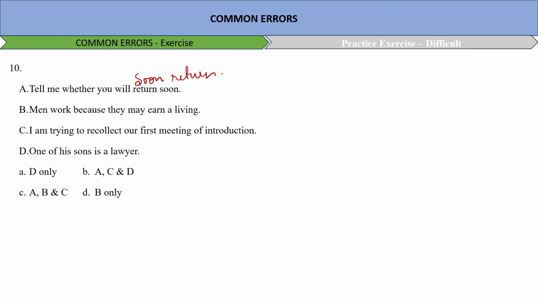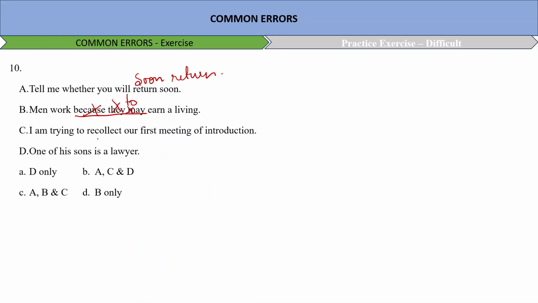In sentence B, you see men work because they may earn a living. Men work to, because they may, this whole thing is not appropriate. Men work to earn a living. As simple as that.